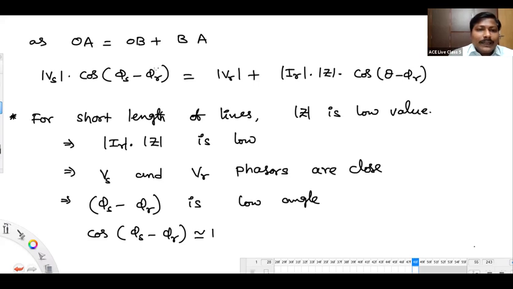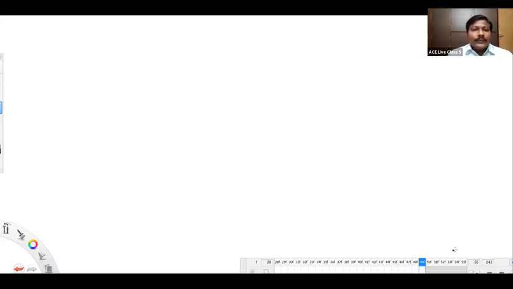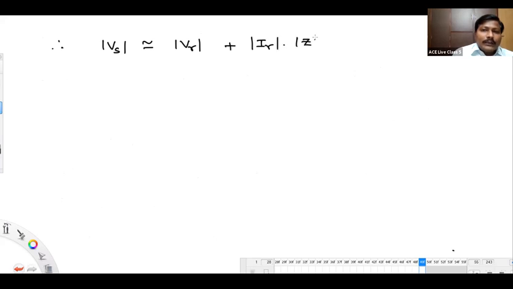If you keep that approximately 1, therefore the sending end voltage magnitude will be approximately equal to the receiving end voltage magnitude plus mod IR into mod Z into cosine of theta minus phi r.